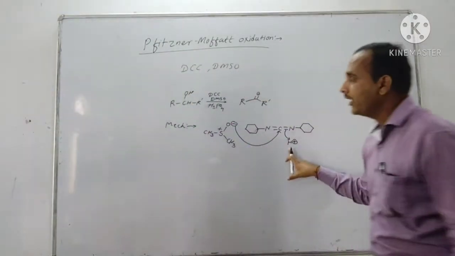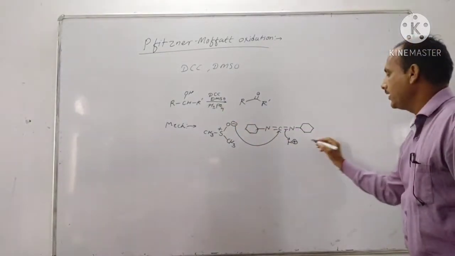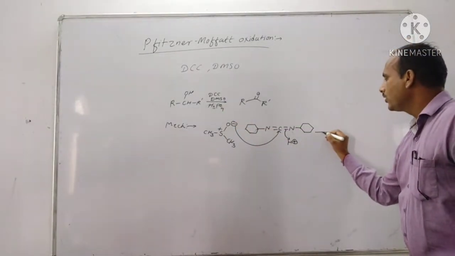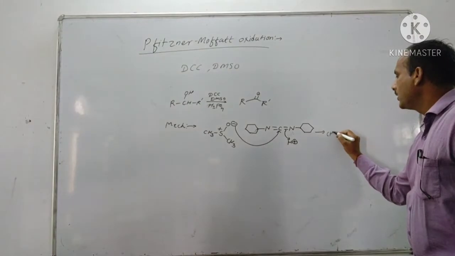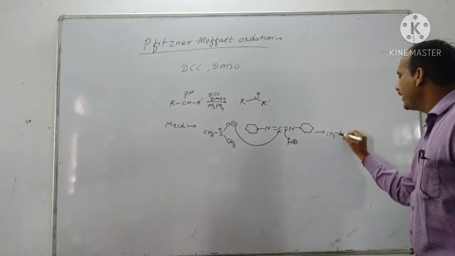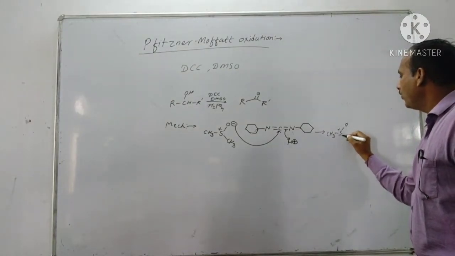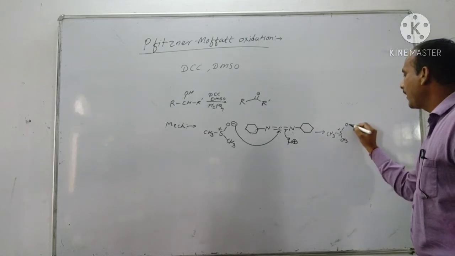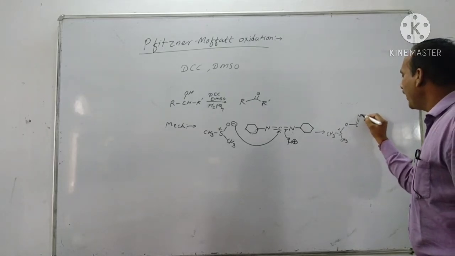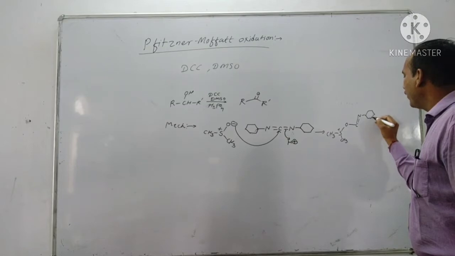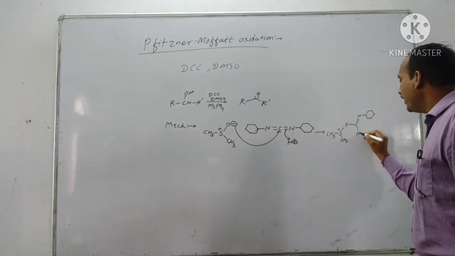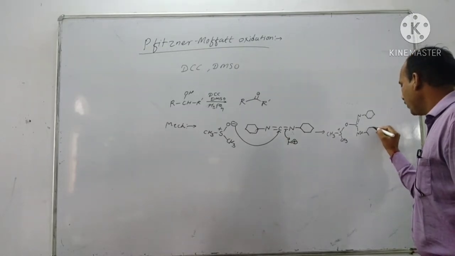This proton comes from the acid, phosphoric acid, so that there is CH3 S plus O CH3, C double bond N cyclohexyl. Now here is NH cyclohexyl.